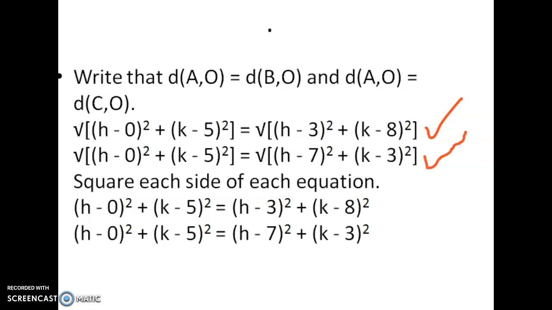So with these two equations, we're going to solve them simultaneously. Two unknowns, two equations. That's simple mathematics. We square each side of the equation.